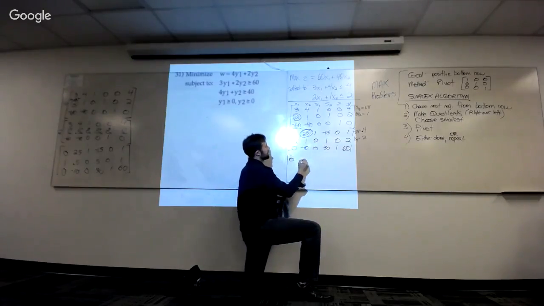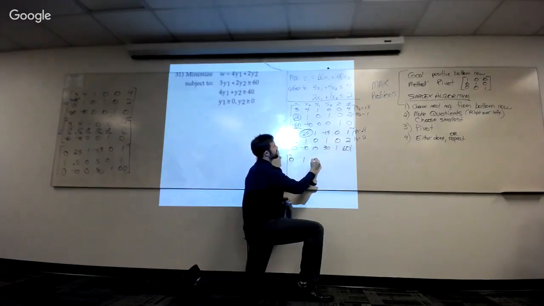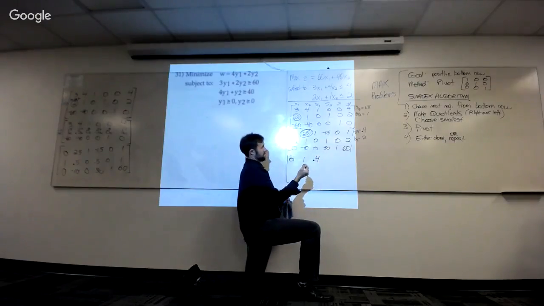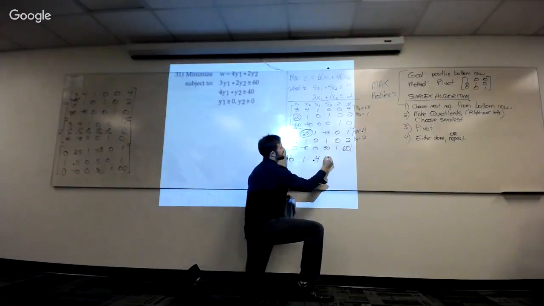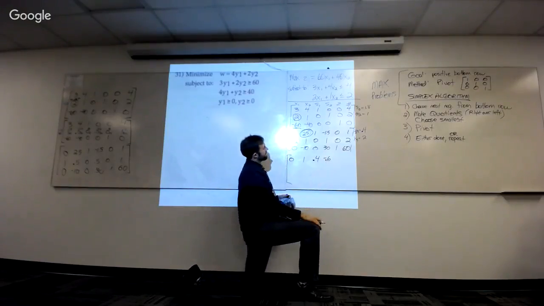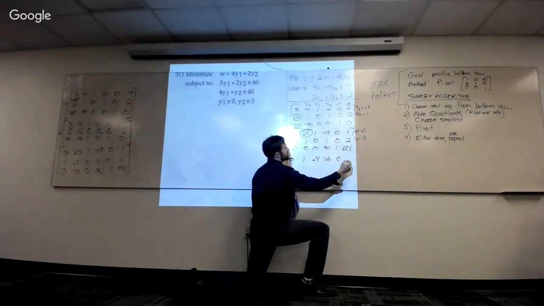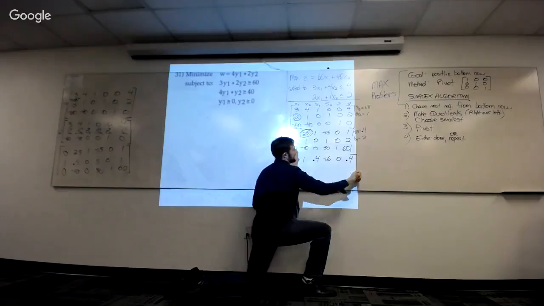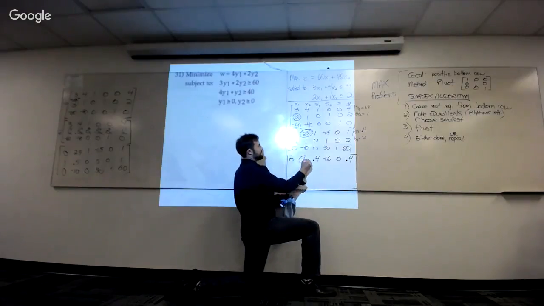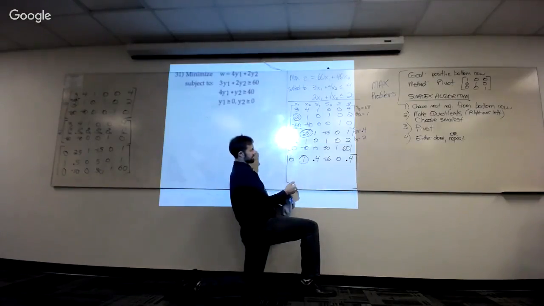So it'd be 0, 1 over 2.5 is 0.4. Negative 1.5 divided by 2.5 is negative 0.6. Then 0 divided by that is 0, and 1 divided by that is 0.4 again. Okay, so that's the actual row we have, and we want to pivot that and make the other one 0.